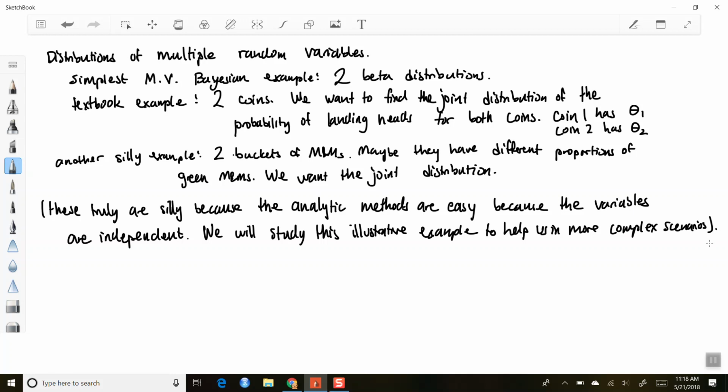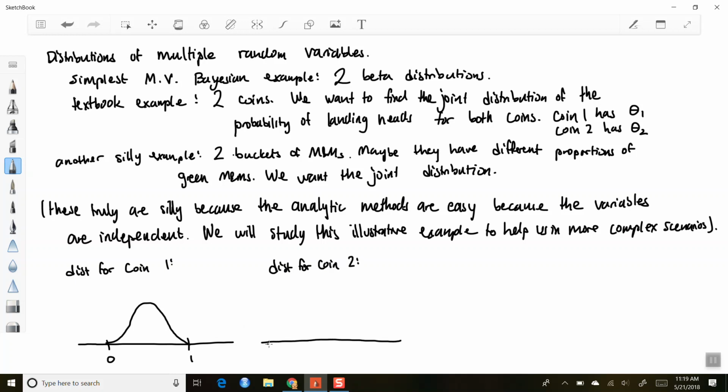Okay, so for example, maybe the distribution for coin 1 is a beta distribution that goes from 0 to 1, and maybe it looks like this, okay? And maybe the distribution for coin 2 is another beta distribution from 0 to 1, maybe it looks like this.